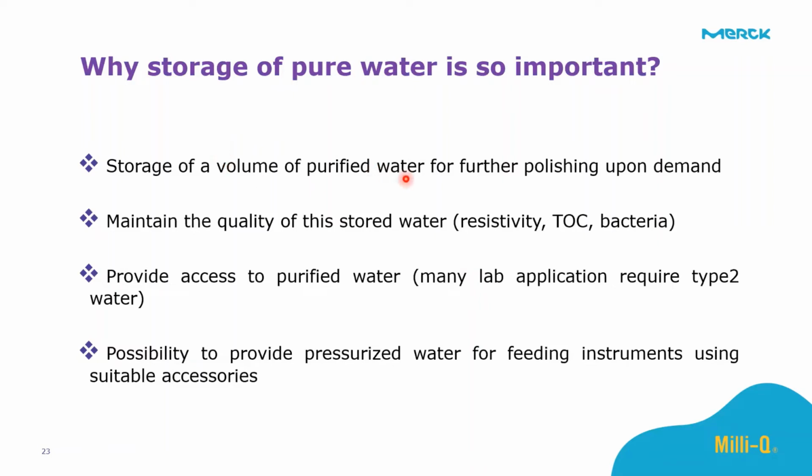It might be required, just like I mentioned, to polish on demand to make type 1 water. It's also very important to maintain the quality of this water, mainly the resistivity, the TOC, and also bacteria. We'll see the design of the tank, and also how to provide access to purified water. And lastly, but not least, is the possibility to loop this water to feed other instruments.